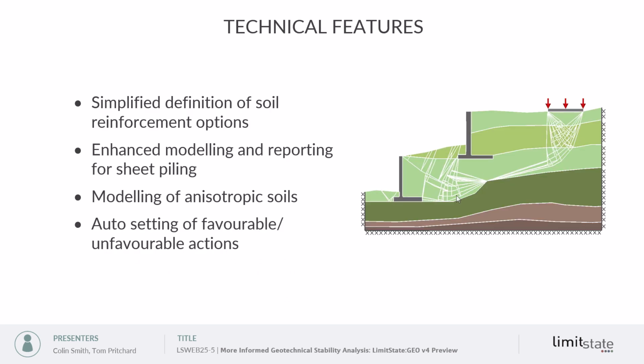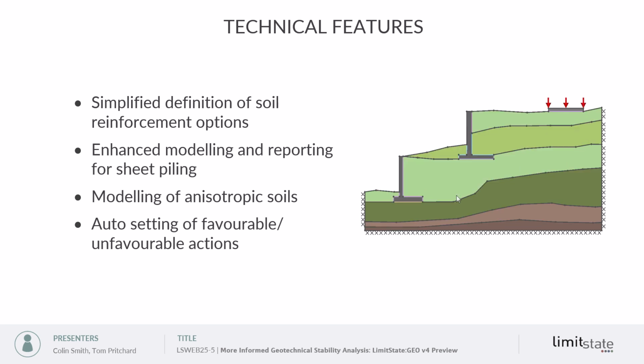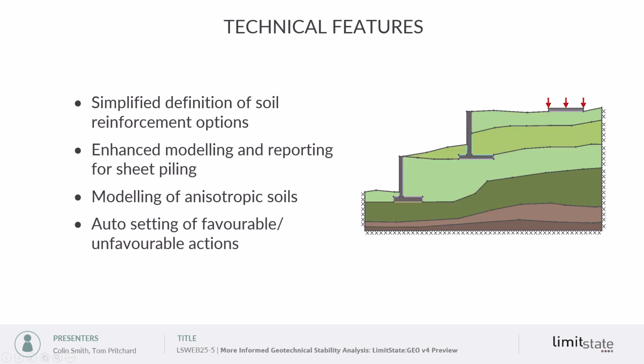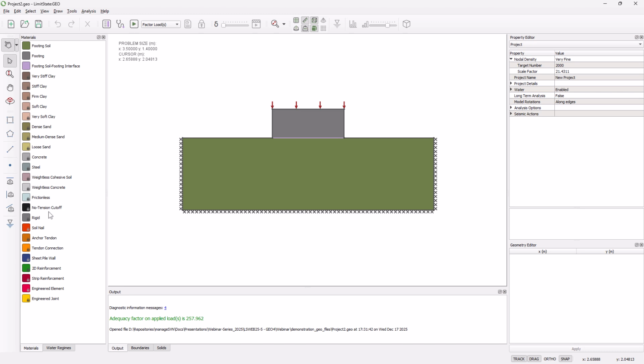So now I'll move on and talk about a few of the new technical features in the software. I've listed them on the screen, but I will just crack on with illustrating them through the software itself. So firstly, we've made it easier to specify structural elements such as soil nails, sheet piles, and soil reinforcement using essentially primary rather than derived parameters.